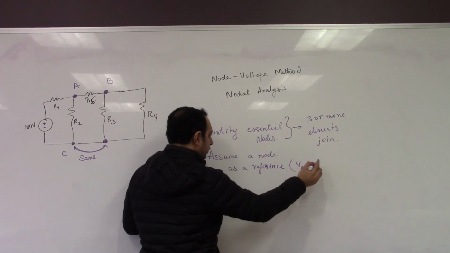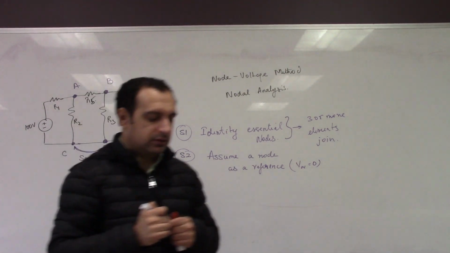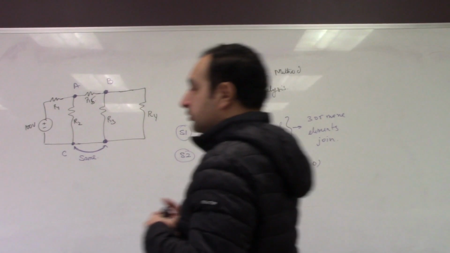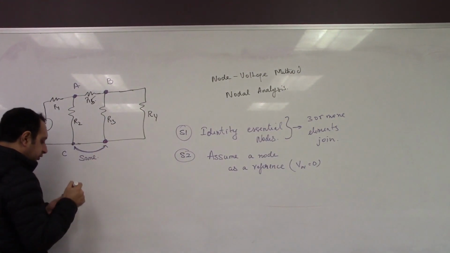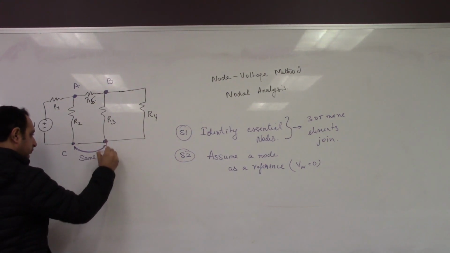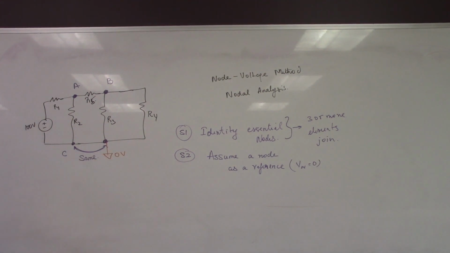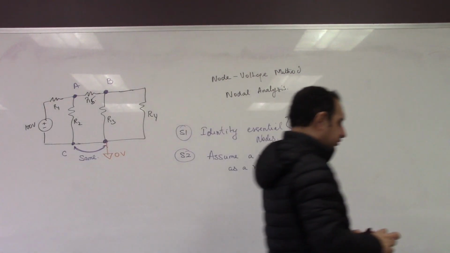We'll assume that as a reference, 0. Just as our ground is a reference for all voltages, with it being 0, in this case we'll assume one of them as ground, so we'll assume this to be ground. In every node voltage circuit you'll see one node being marked as ground as your reference.